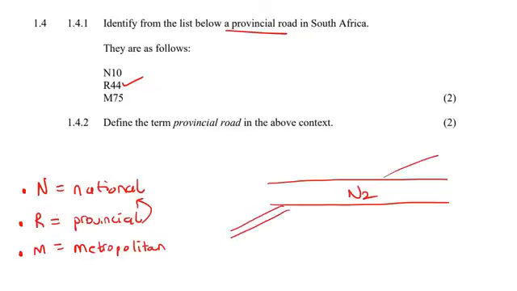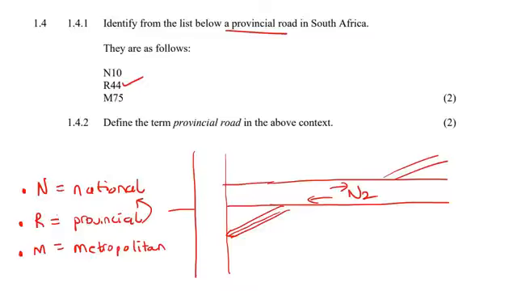So these cars are going this way, these cars are going this way. Now they go on the off ramp, and then they get to, for example, a bridge. And this road here, going this way and this way, could be a provincial road, like an R44. So what I'm trying to say is that if you keep driving along a provincial road, you can eventually take an off-ramp and you can feed onto a national road. Okay?